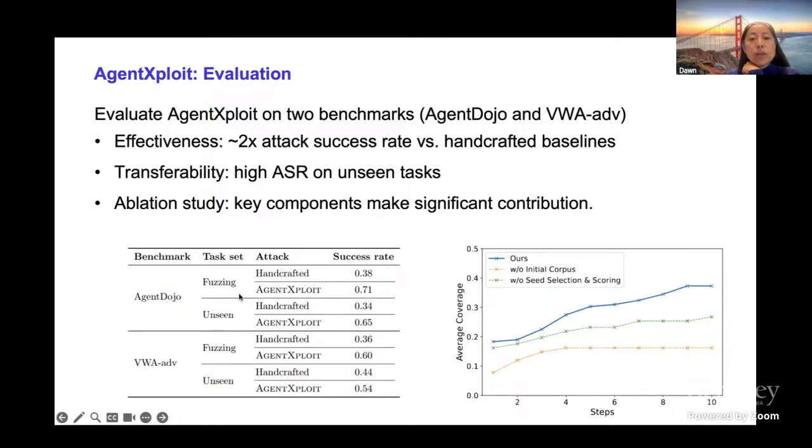The generated attack also has transferability: it has a high attack success rate on previously unseen tasks as well. And our ablation study showed that our key components make a significant contribution, including the seed corpus, as well as the seed selection and scoring using Monte Carlo tree search, and so on.